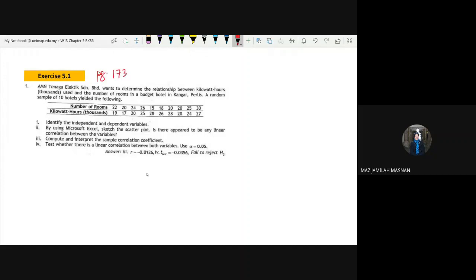Now you are given the data for the number of rooms and kilowatt hours in thousands. When we say in thousands, this one is actually 27,000, 24,000. But since the figure is too big, everything is in thousands, so that's why they just put 27, 24, and so on.